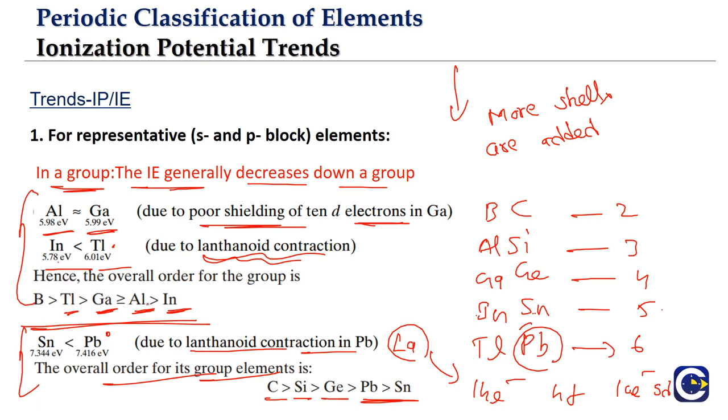In case of the 13th, what we see is thallium is becoming so high that it is just next to what? Boron. But in this case, it is not like that. Still carbon more than silicon, more than germanium, just the tin and lead order will be interchanged. That is it. So this is about the anomaly of the ionization energy when we talk about a group.